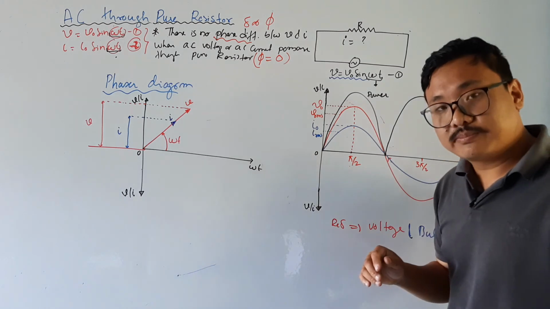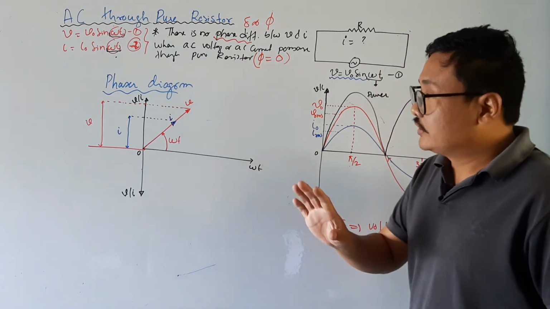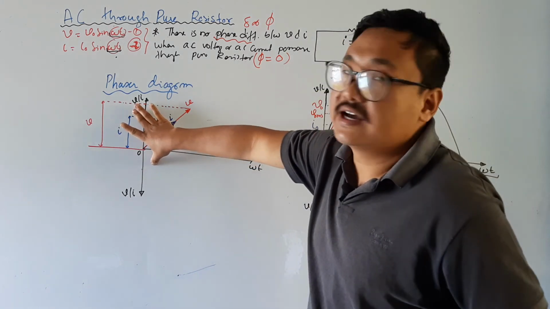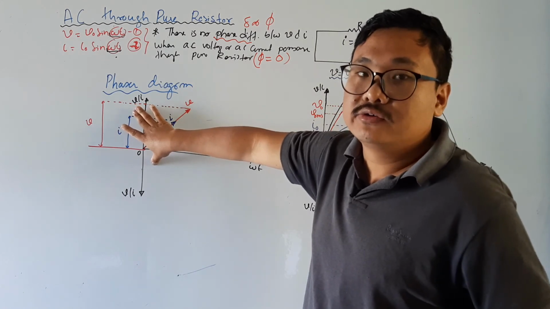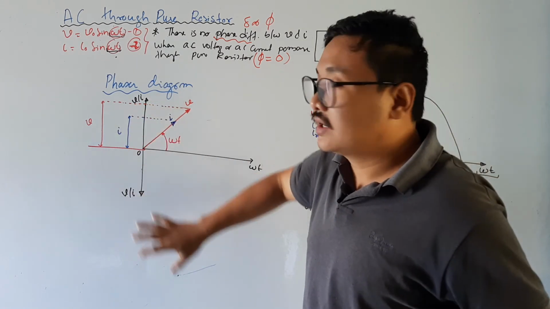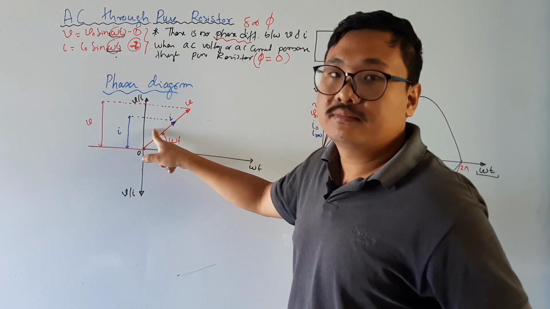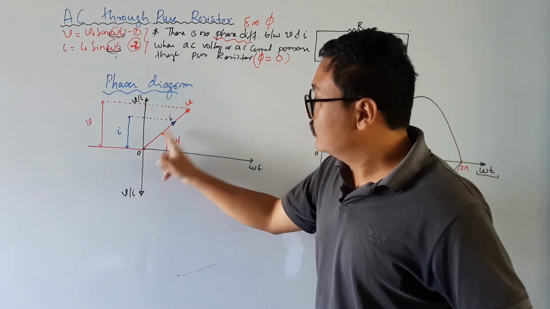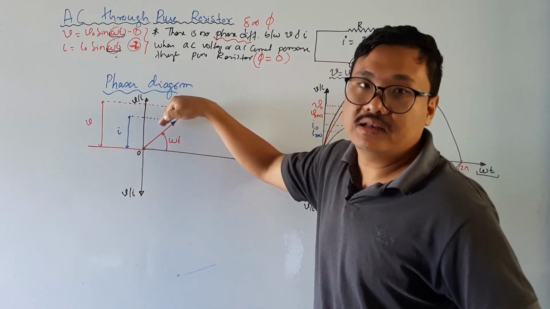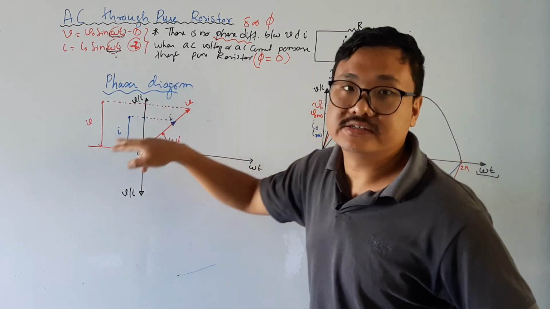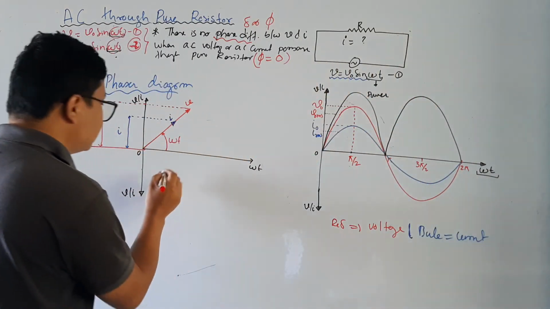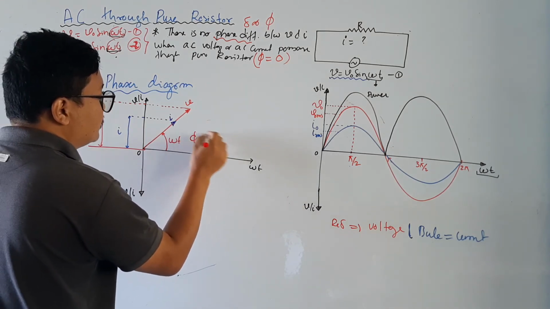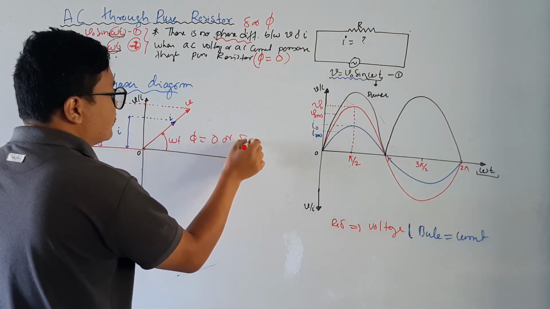Sometimes it is asked that you will be given this phasor diagram and asked to find which situation this diagram corresponds to. Now if I see voltage and current in the same line, that is, there is no phase difference, phi is equal to 0, or delta is equal to 0.